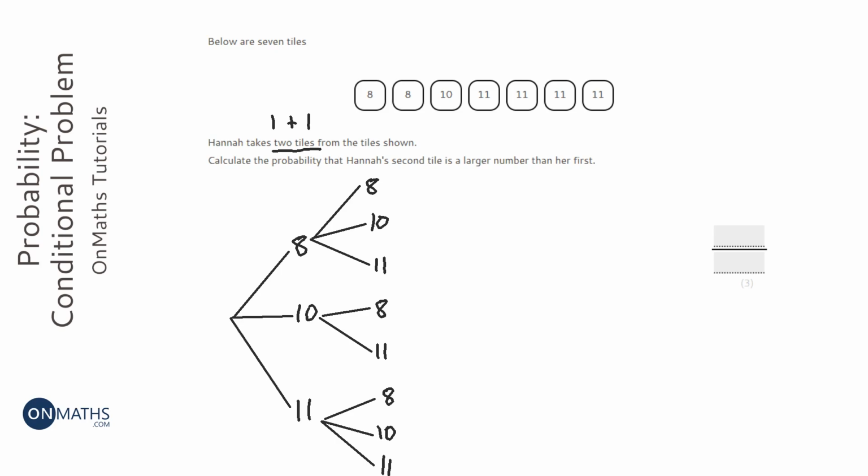Okay, now the most important thing we realise is let's work out which outcomes will end up with the second tile being larger. Okay, and we should probably label this. This is the first tile, and this is the second tile. So which outcomes end up with her having a larger second tile?